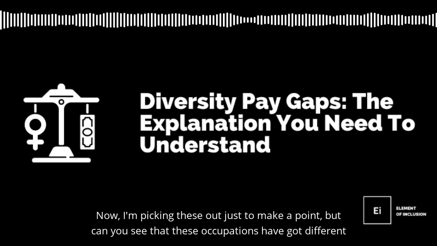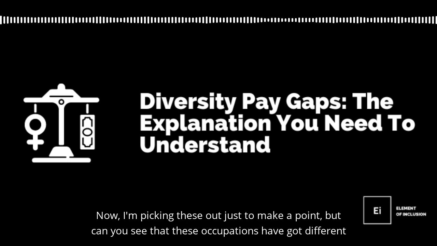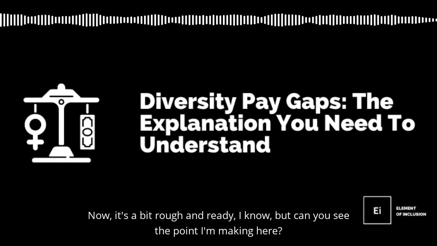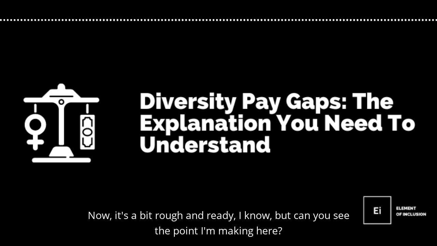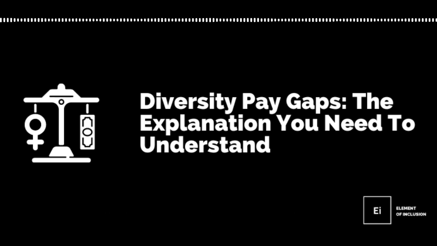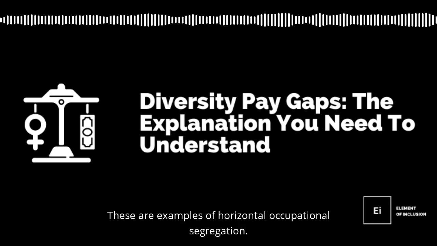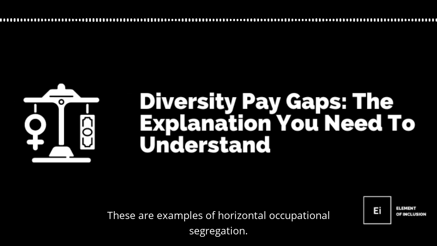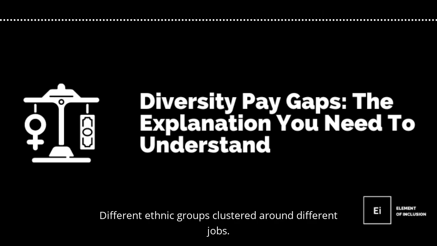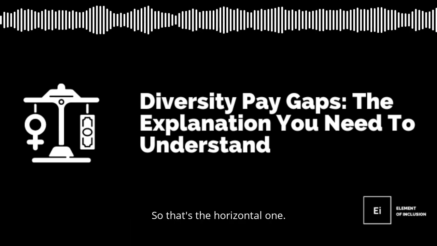Now, I'm picking these out just to make a point, but can you see that these occupations have got different rates of pay? Now, it's a bit rough and ready, I know, but can you see the point I'm making here? These are examples of horizontal occupational segregation. Different ethnic groups clustered around different jobs. So that's the horizontal one.